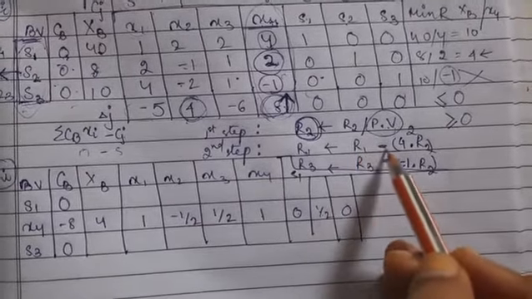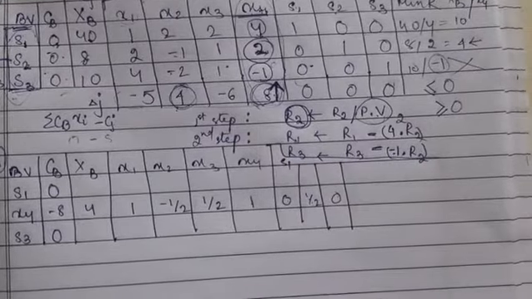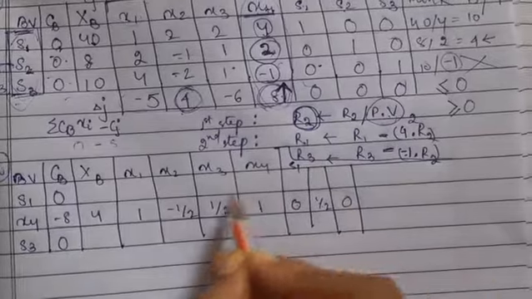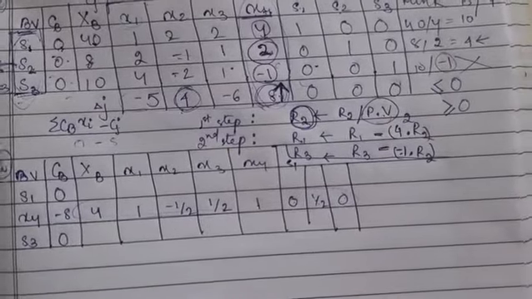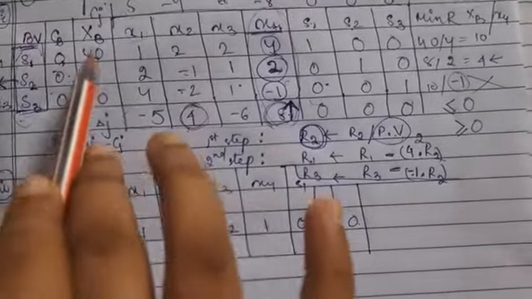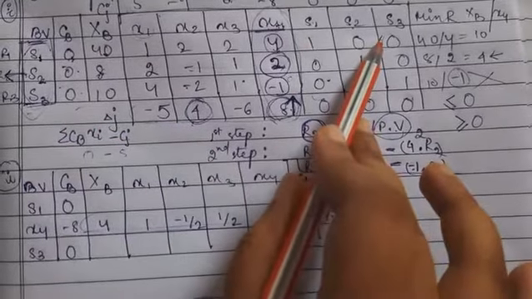Next, R1 minus 4 into R2. This R2 is whatever we have formed here, that is this row. So 4 will be multiplied to this and subtracted from this row.